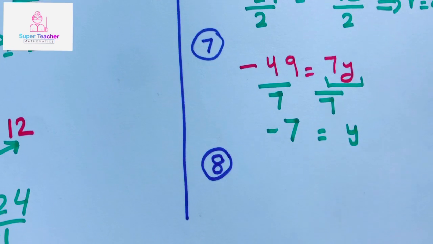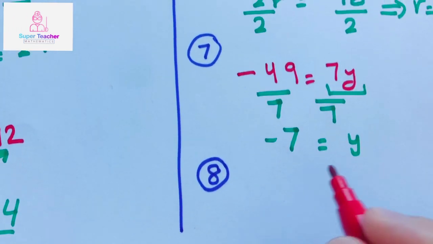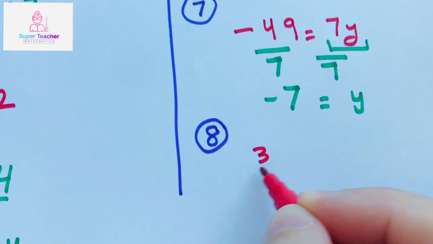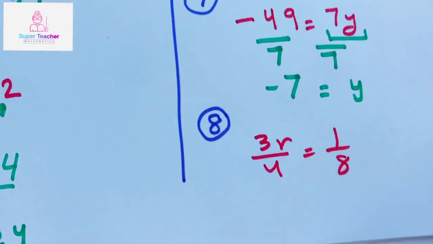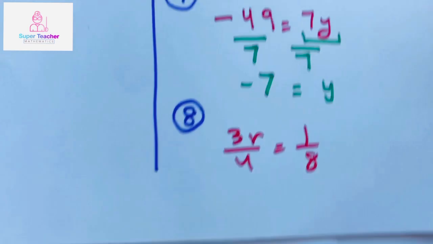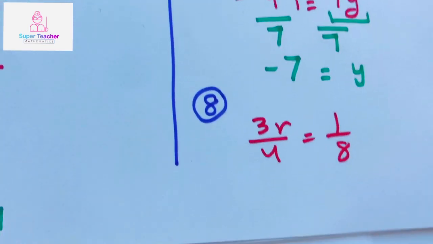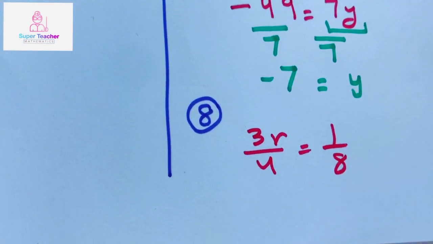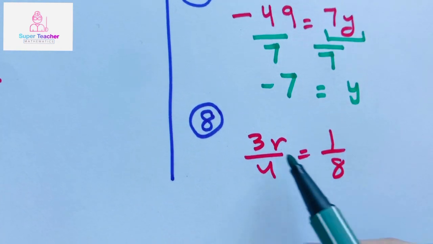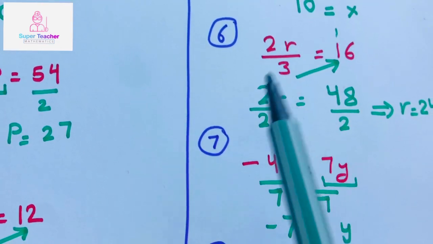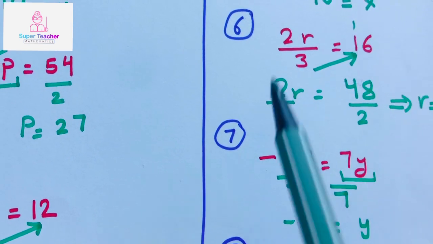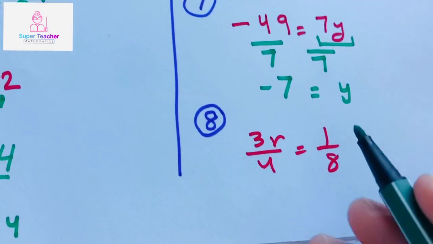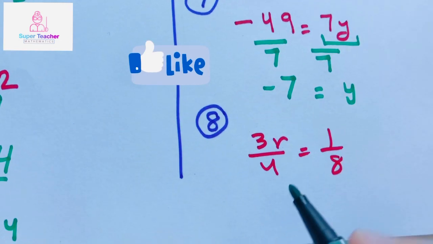Okay, the last question is 3r over 4 equals 1 over 8. Here you can do a very easy step. Instead of doing these two steps of multiplying, dividing, then multiplying, you can just cross multiply. How do we cross multiply?